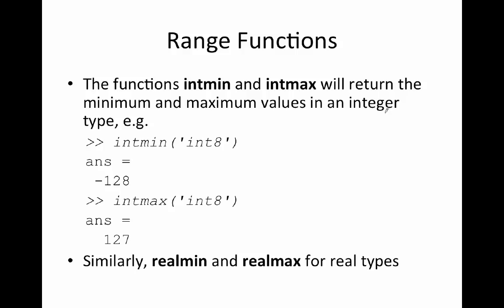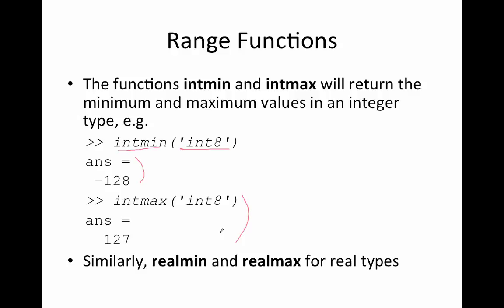There are built-in functions called intmin and intmax that will return the maximum and the minimum values in any integer type. What you do is you pass the name of the type as a string to the intmin and the intmax function. So for example, if I say intmin in parentheses the string int8, it shows me the minimum value in the type int8, which is negative 128, or intmax of int8 is 127.